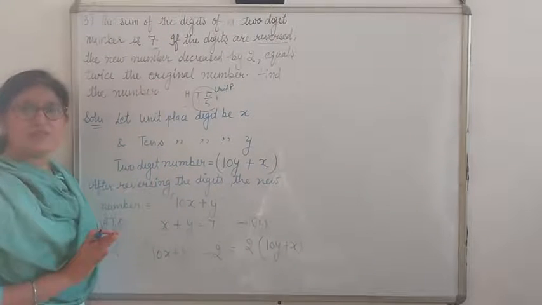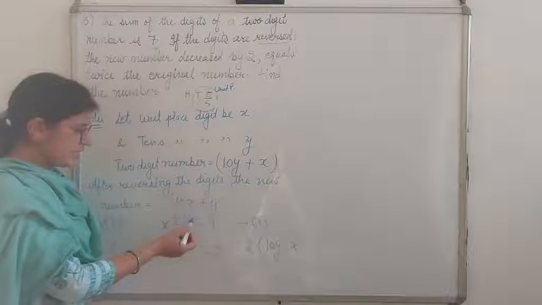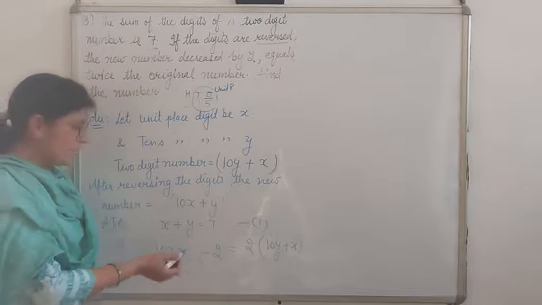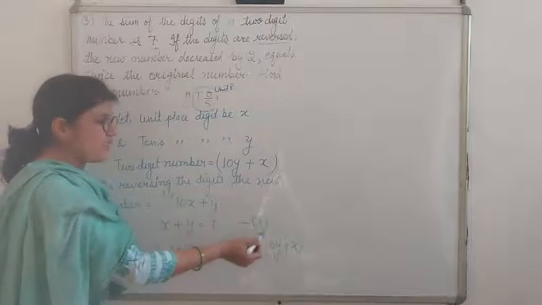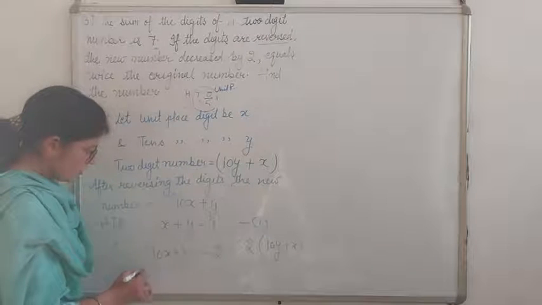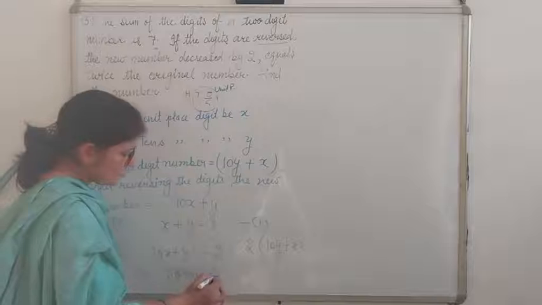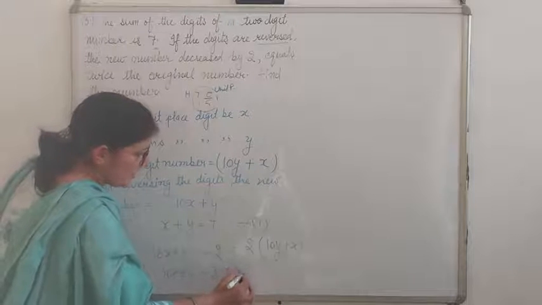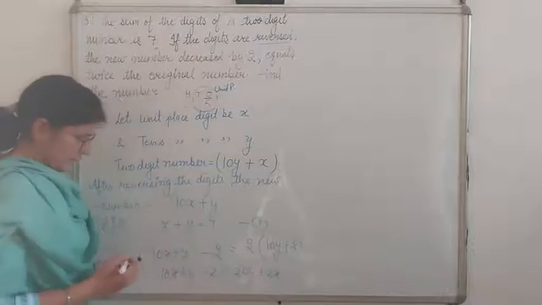Whatever statement is given in the question, the same I am applying here. They said after reversing the digits, whatever new number you are getting, if it is decreased by 2, then this value is equal to twice the original number. I substituted. Okay. So 10x plus y minus 2 is equal to 20y plus 2x.